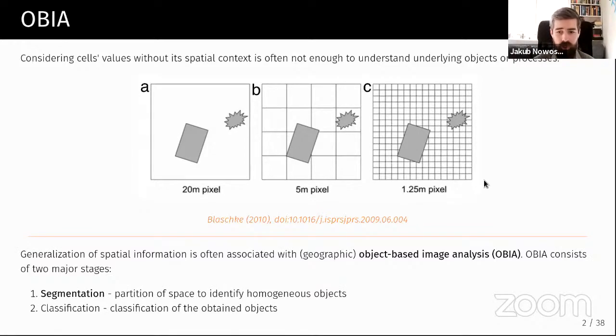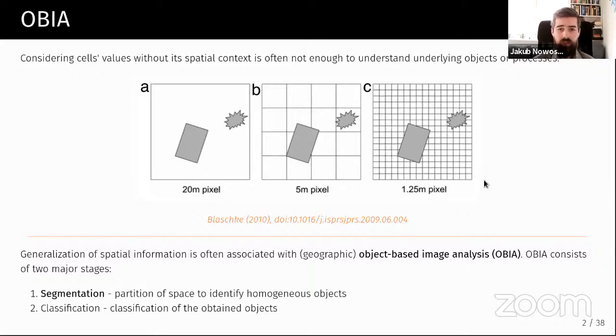With this in mind, there is a whole group of methods that work on those kinds of concepts, called object-based image analysis. And in terms of spatial data, it's called GeoBIA, or geographic object-based image analysis. The approach here is that before doing any other calculations or any other steps, first we need to identify our true objects.